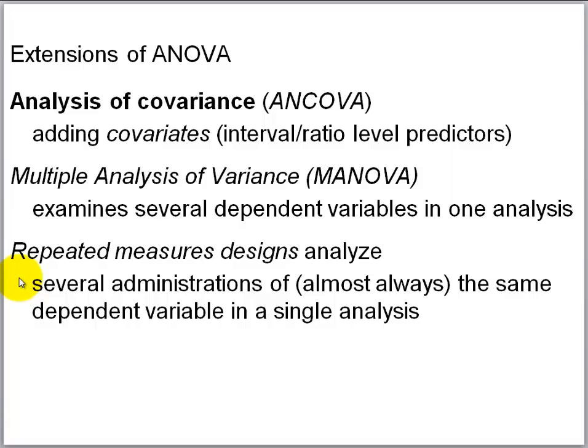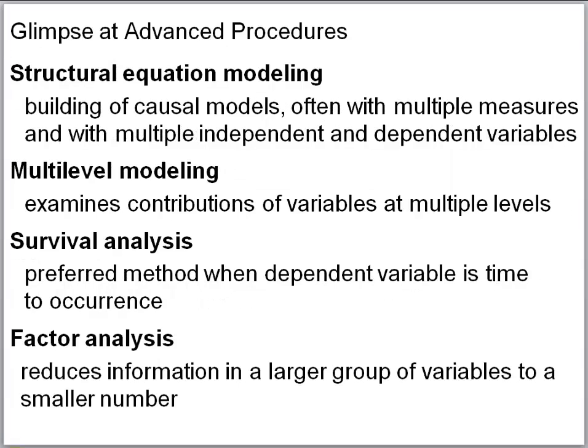These are in essence ANOVA-like designs in which a single dependent variable is administered at multiple times. You'll need to check some other resources, obviously, to learn more about these procedures. Now, I'm only going to give you an overview of some other advanced multivariate statistical procedures.